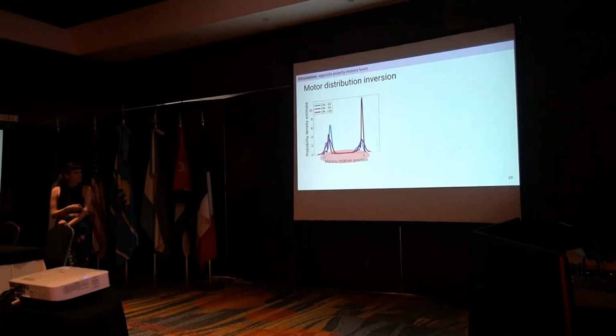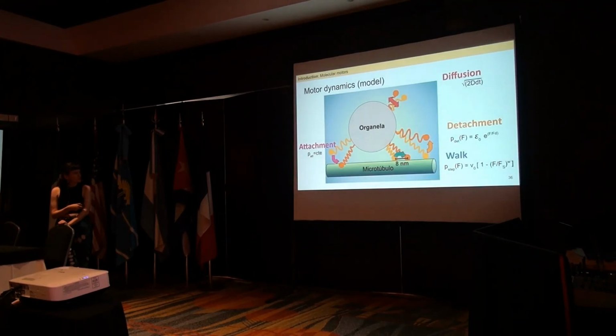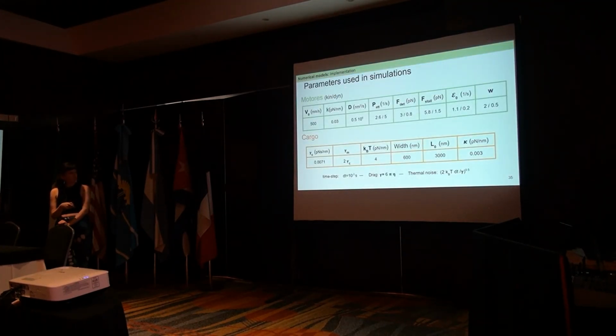I have them around here. Most of these parameters are measured in vitro experiments for the motors. The parameters that we added are the stiffness of the cargo and the viscosity.